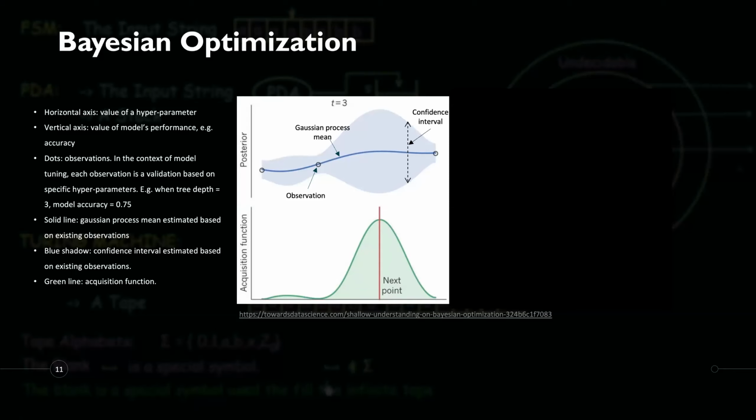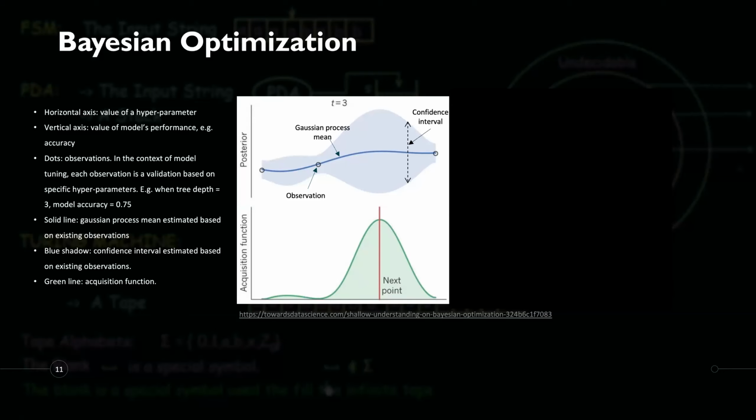So the dots are the observations we have. In other words, here we have 3 dots, which means we've already had 3 validations, and in each validation we used a different value for the given hyperparameter. So we end up with 3 points. And here's the interesting thing.